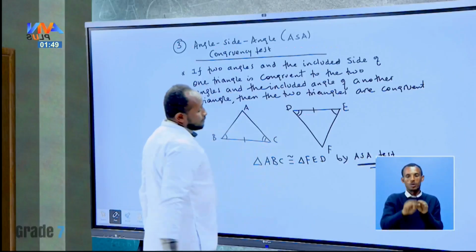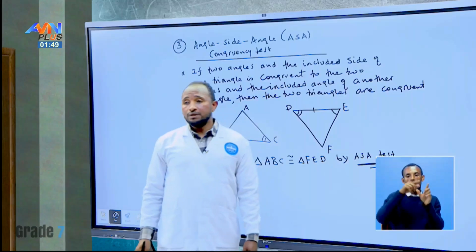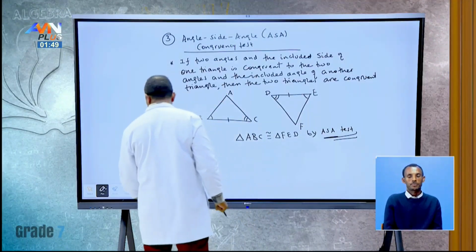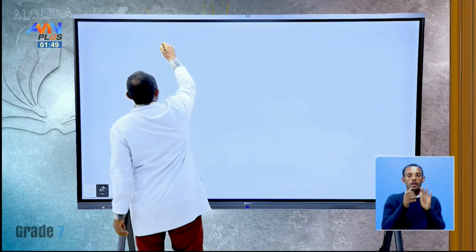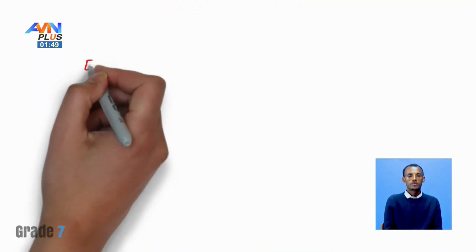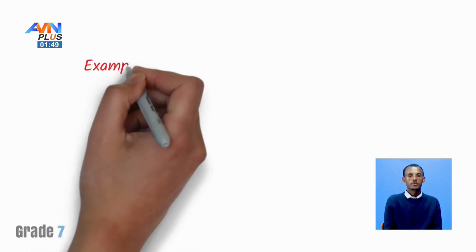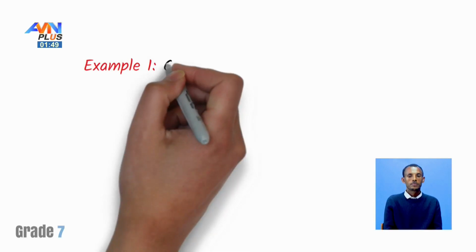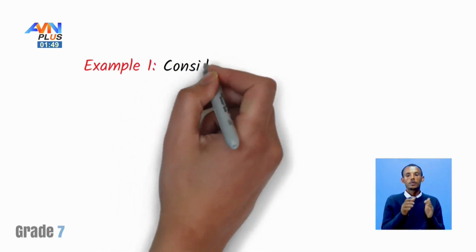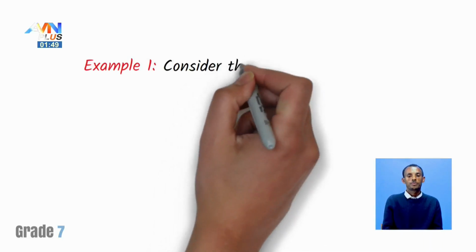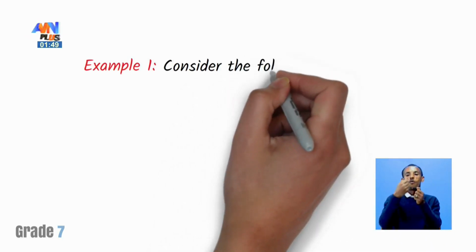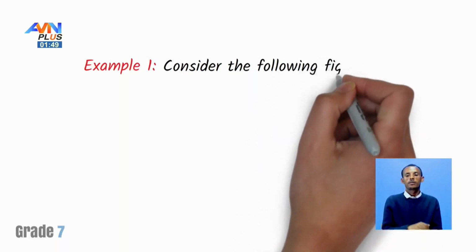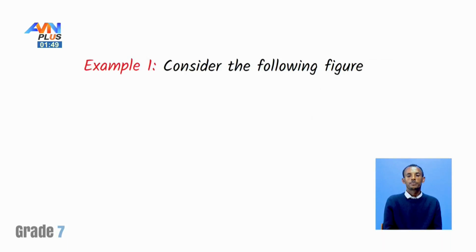So this is the meaning of the angle side angle congruency test. So let's see an example for this concept. Example. Okay, consider the following figure. Read the figure.